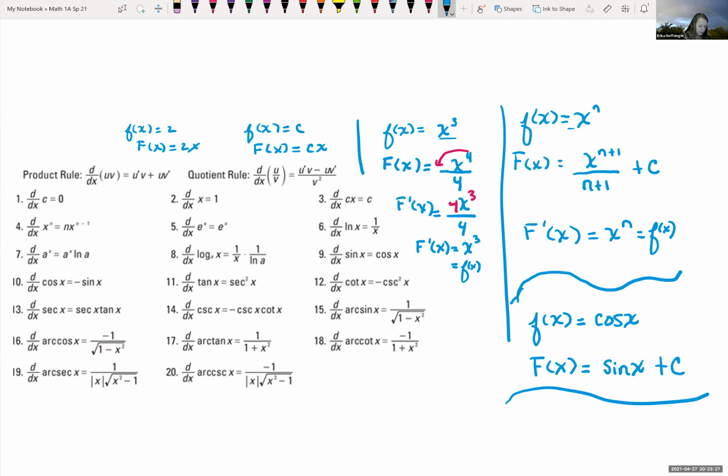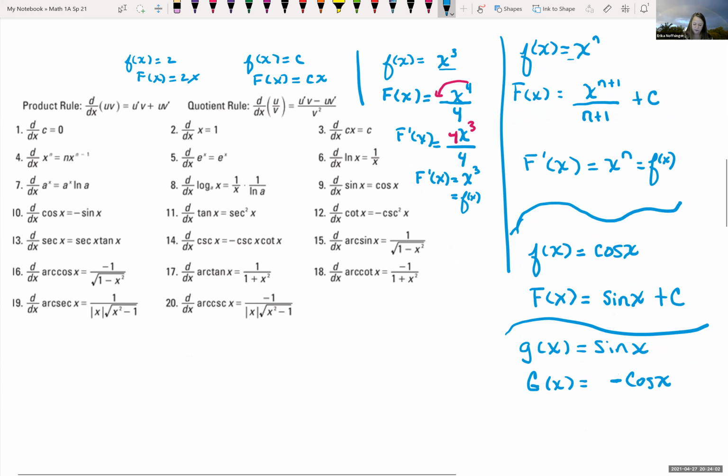We did that one wrong before. So if we had g of x is sine of x, the derivative of cosine of x will give me negative sine of x, but I don't want the negative in front. So I would have to compensate for that and have a negative out front.